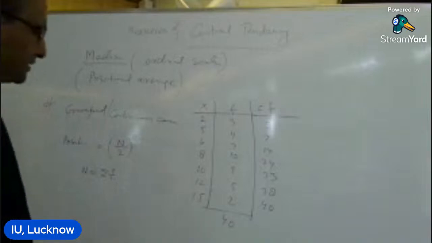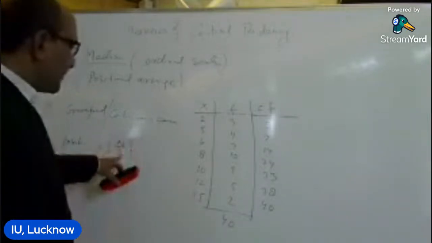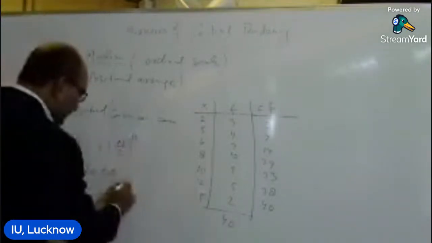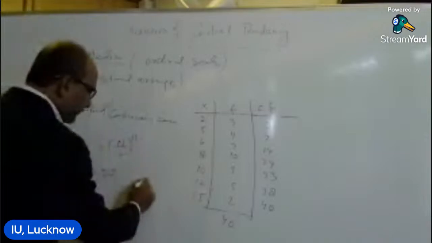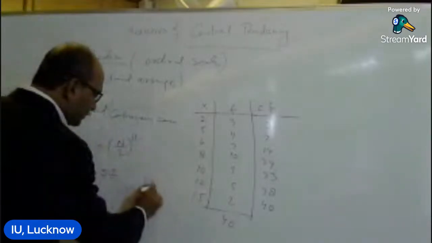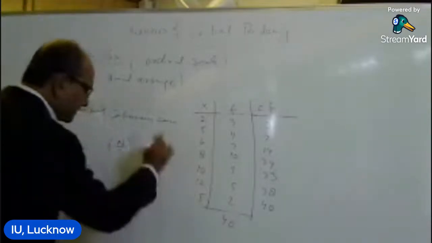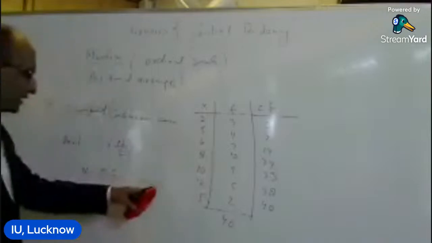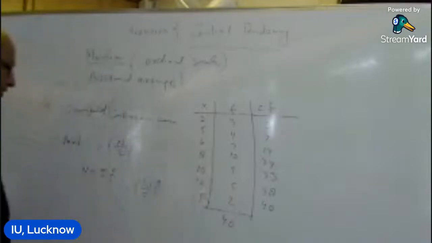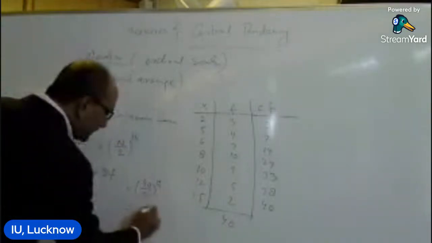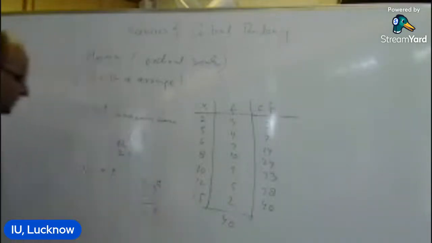So just find capital N by 2. In that case, N is 40, so 40 divided by 2. This is the position, that is why I write here TH. 40 by 2 is 20th. This is the position 20th.